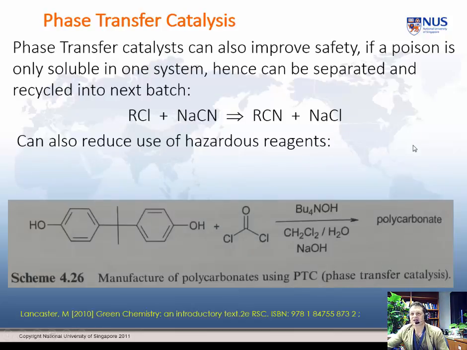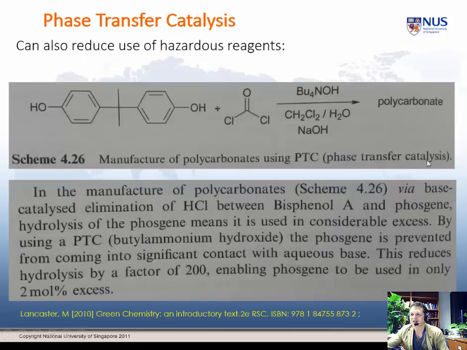Of course, because this ticks so many of the green chemistry boxes, because you're reducing hazardous reagents and hazardous solvents, actually this has an extra bonus, if you like, because if the poison or the harmful ingredient is only active in one system, then you can separate it and recycle it, so you cut down the use of it. Again, another example using polycarbonates and phase transfer catalysts.